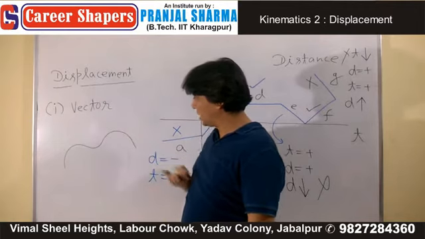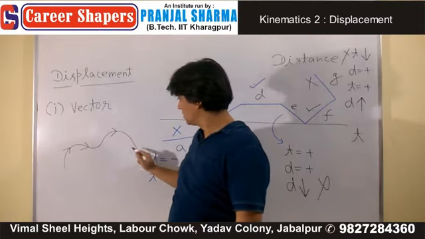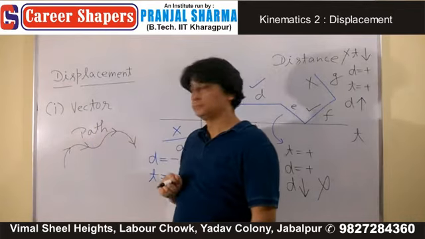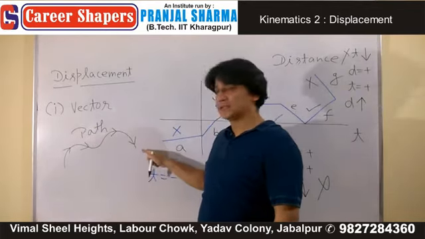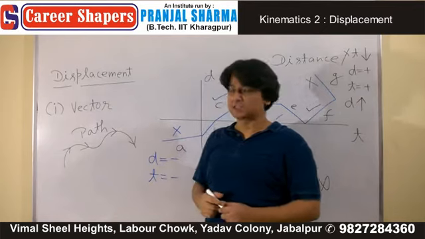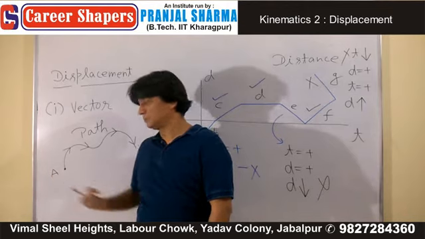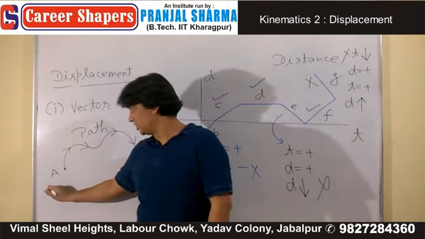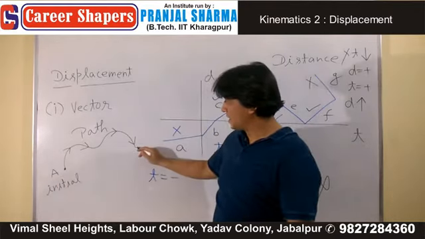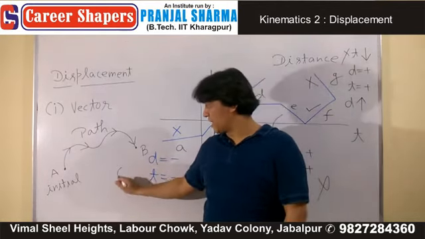Suppose this is the path of an object. If you measure its length, it will give you distance. We are interested in displacement. You started from A, which is your initial point, and finally you reach B, your final point.